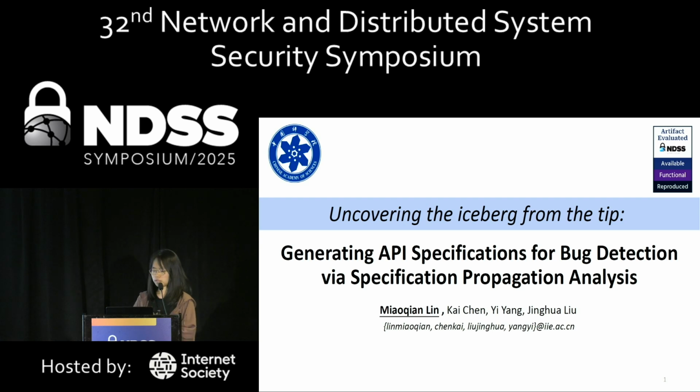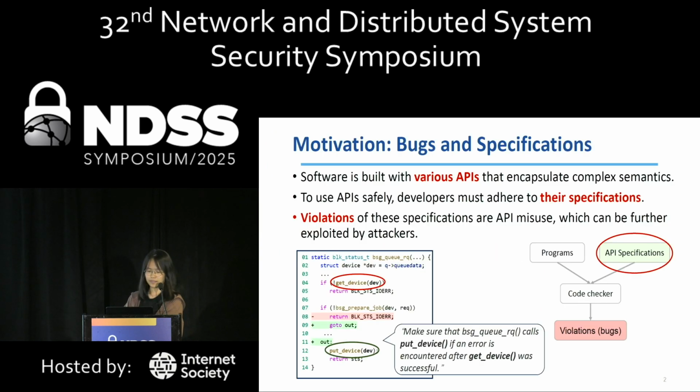So first, as we know, APIs are common and essential in software development. As an API can cause various effects, developers should follow its API specification.